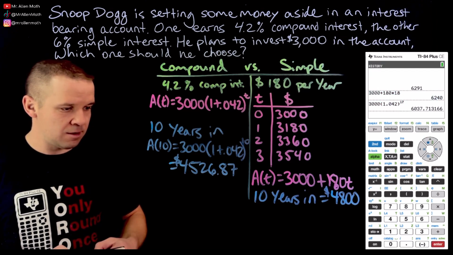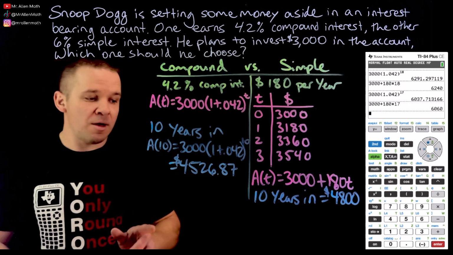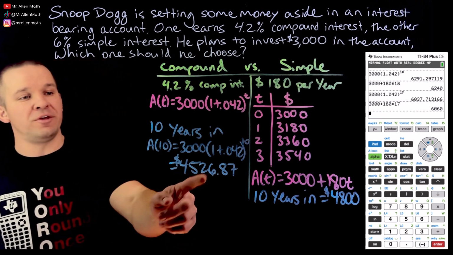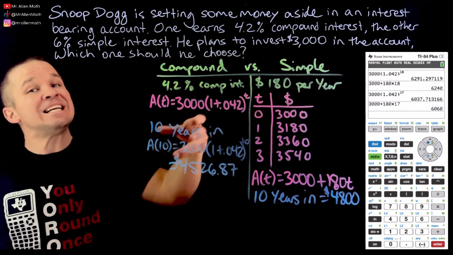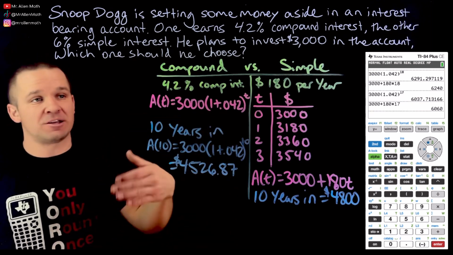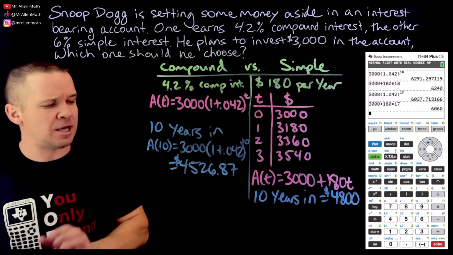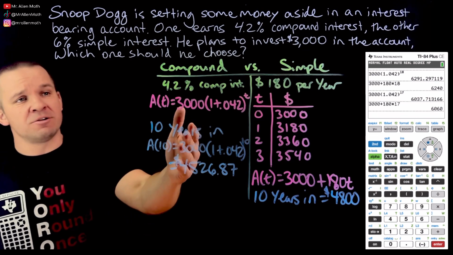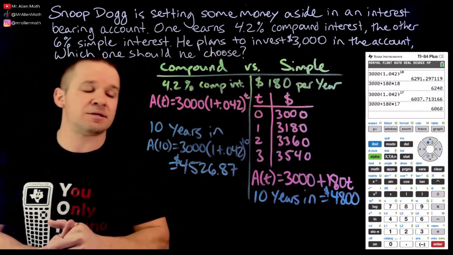Okay, so between year 17 and 18 is where this one takes the lead. So if he's holding on to this beyond 18 years, maybe he's putting money away for one of his kids so when they turn 18, they get a lump sum of money, then after 18 years, this is the better one. For the first 18 years, the simple interest one is the better one.